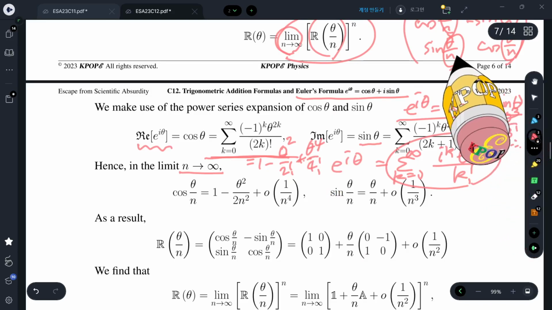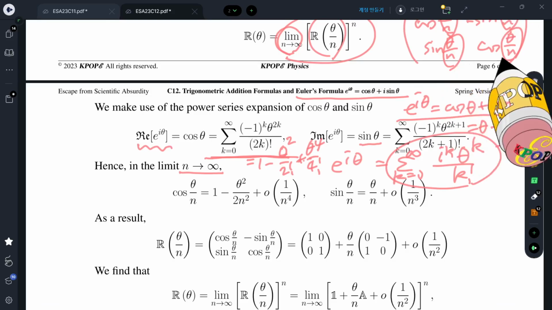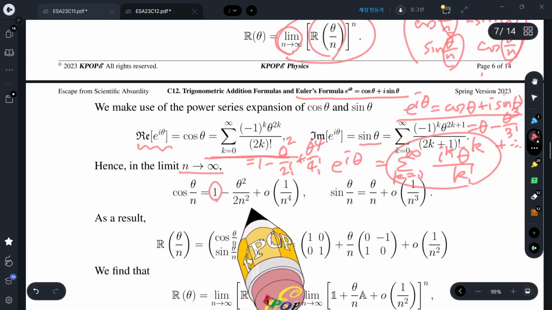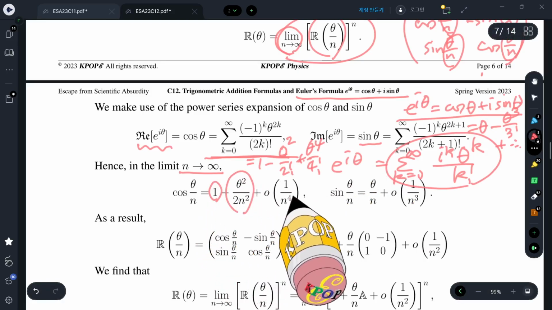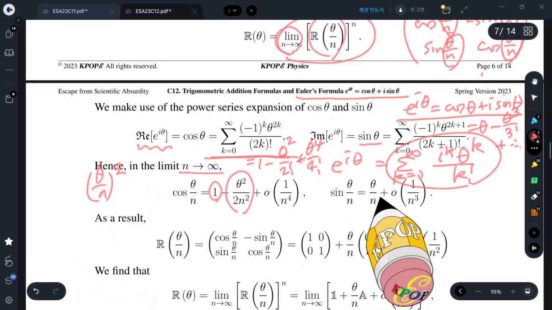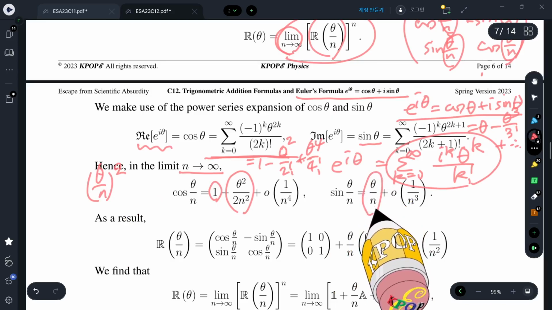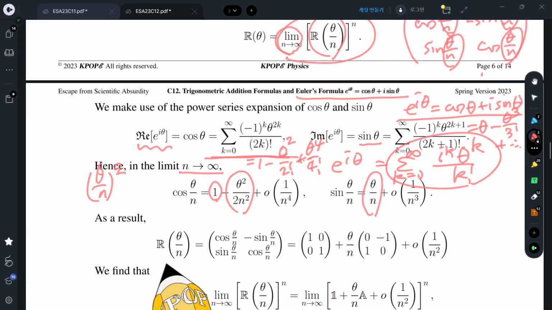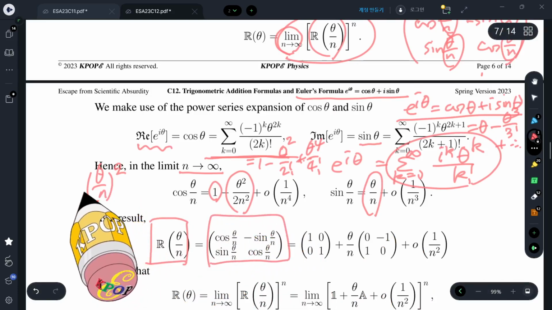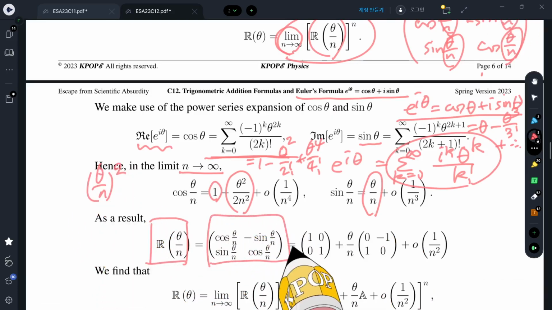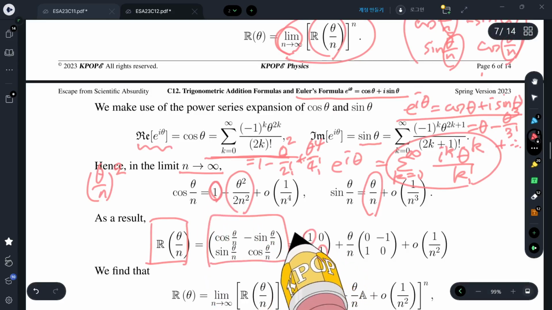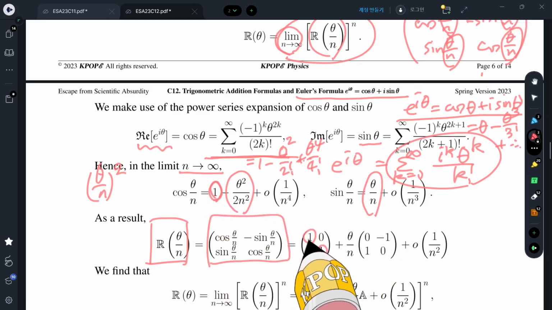But in the limit as n goes to infinity, what we find is 1 plus something very tiny, with theta over n squared. And here, the leading piece is theta over n. As a result, we can expand this as a power series of theta over n. The leading contribution is a diagonal component, that is the identity matrix 1.